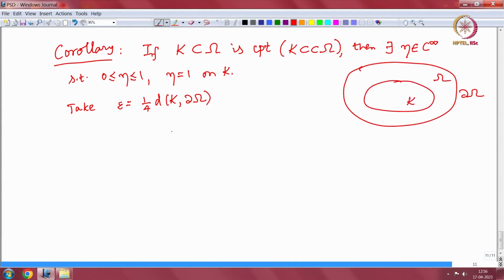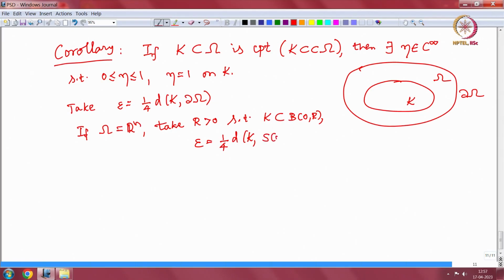If omega is unbounded, for example if omega is Rn, take R large enough such that K is contained in B0 R. In that case you take epsilon equal to a quarter of the distance between K and the sphere.